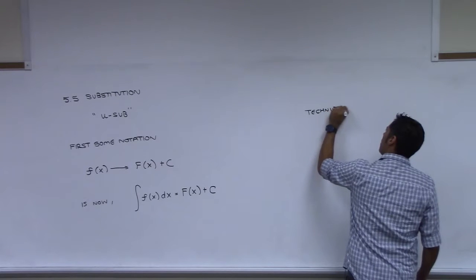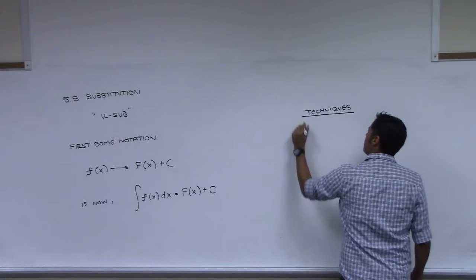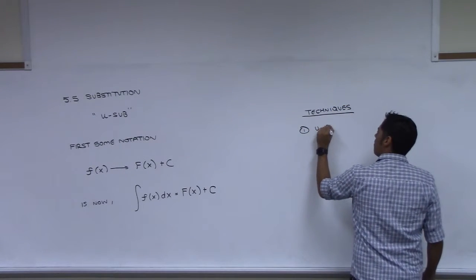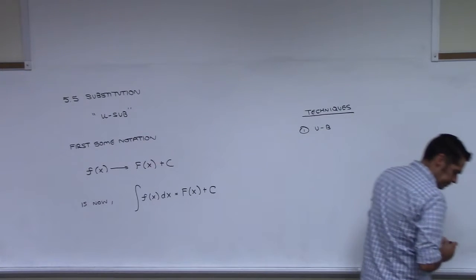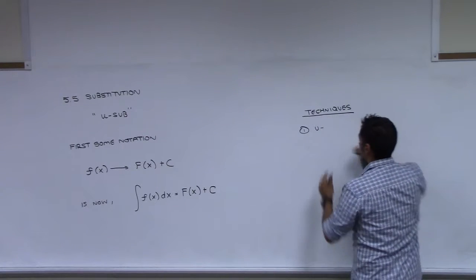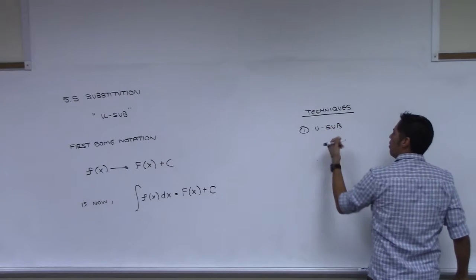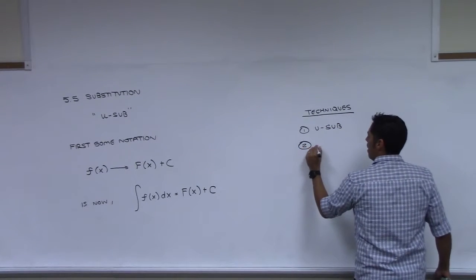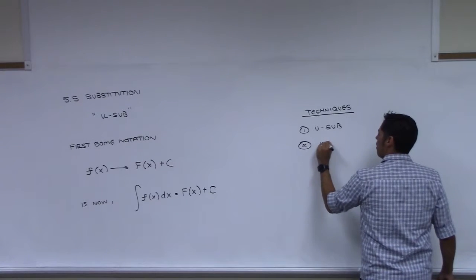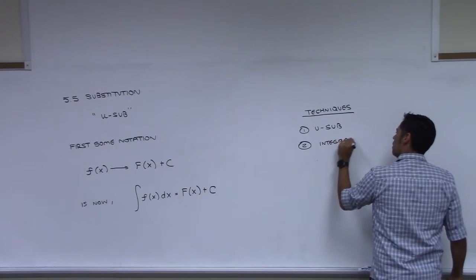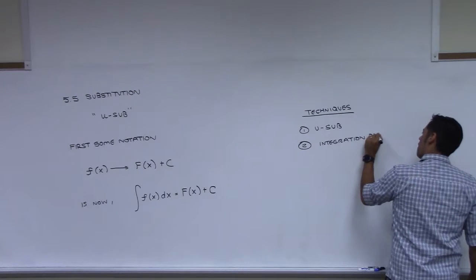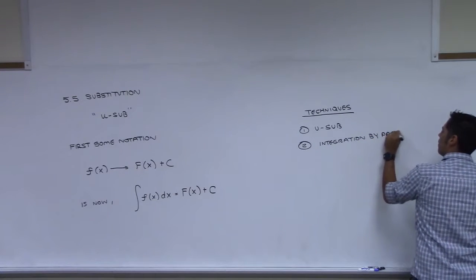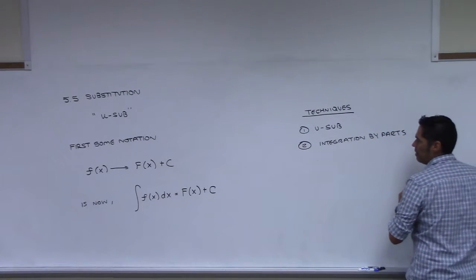the techniques that we're going to study this semester are U sub, which is today, or U substitution, or substitution, however you want to call it. And then we're going to have what's called integration by parts, which is a very interesting technique.